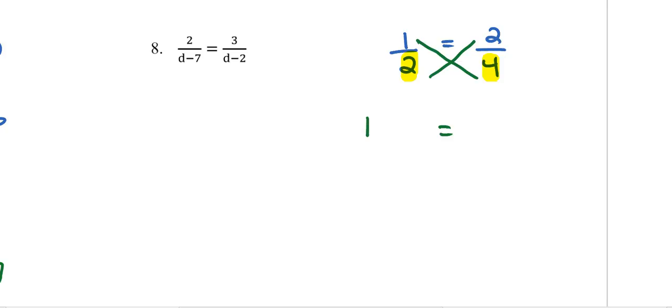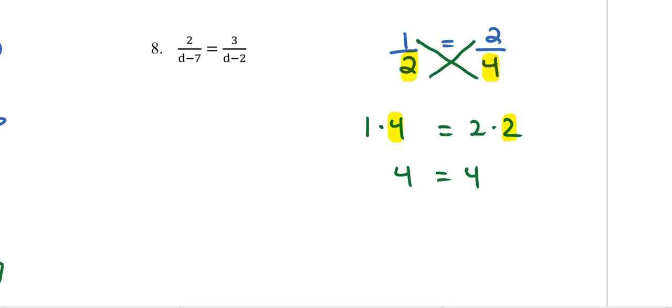So this would be 1 times 4 equals 2 times 2. This is still true because we know that 4 equals 4, so we can definitely take the numbers on the bottom and move them to the opposite numerator.